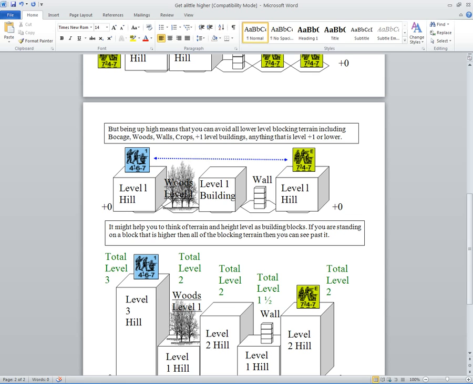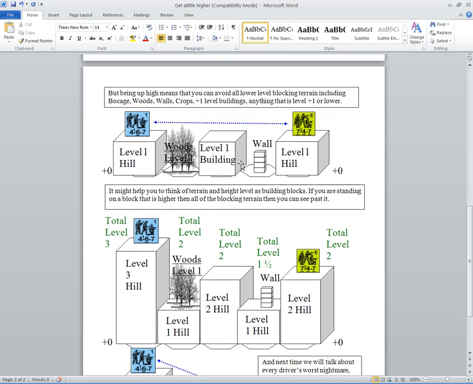Whether that's a woods hex, a building, or walls, which are half level. Again, it's just like me at the Grand Canyon. I can see somebody standing at the other side if we're both at the same height across the Grand Canyon. Nothing is going to be higher than that, so I can see over it.